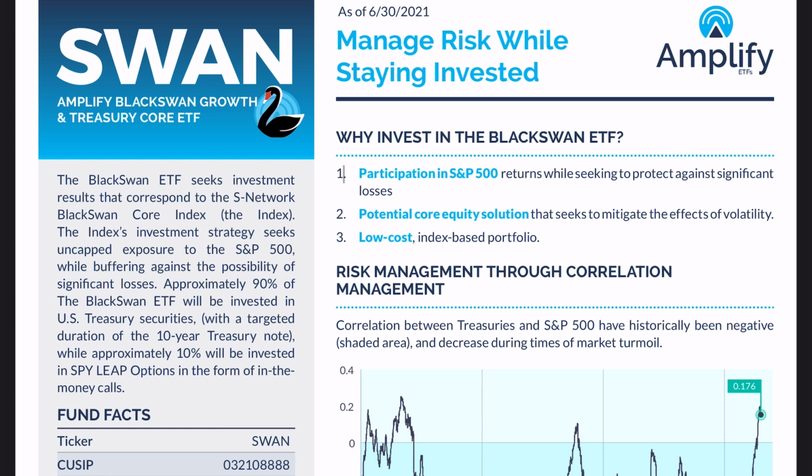And according to them, these are the three main advantages. So it participates in the S&P 500 returns while seeking to protect against significant losses. I mean, that's kind of the whole thing with all of these funds. They try to have as much upside participation as possible while capping downside. And these are all just the various methods in which they try to achieve that.